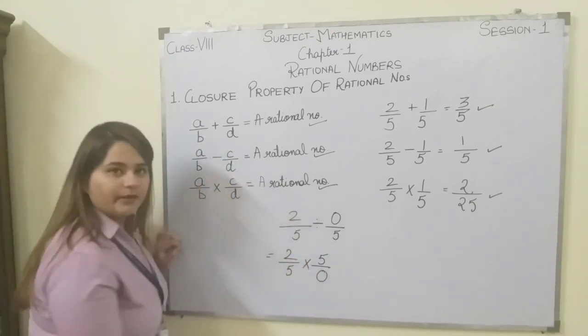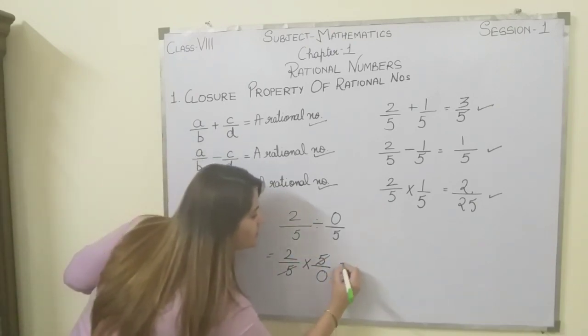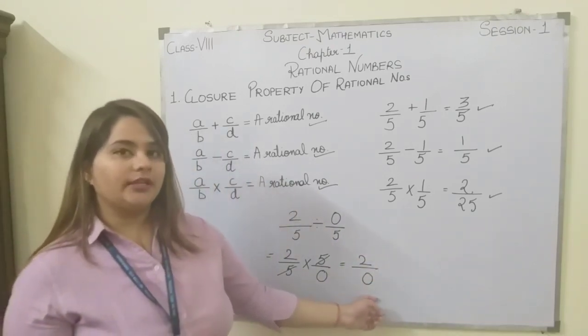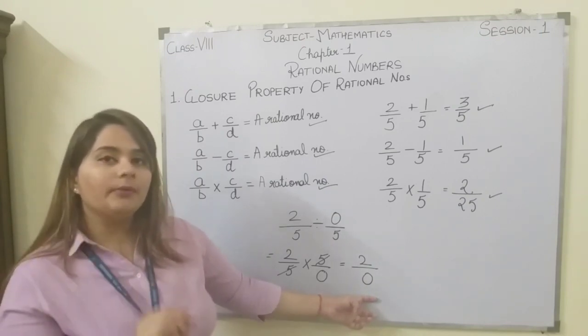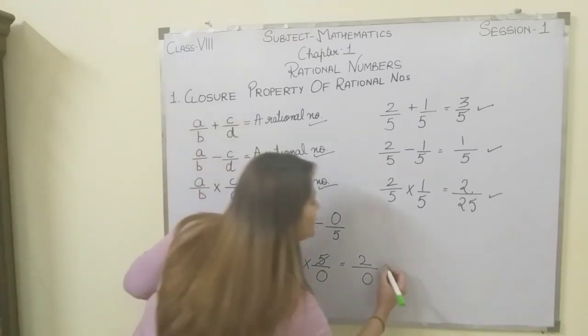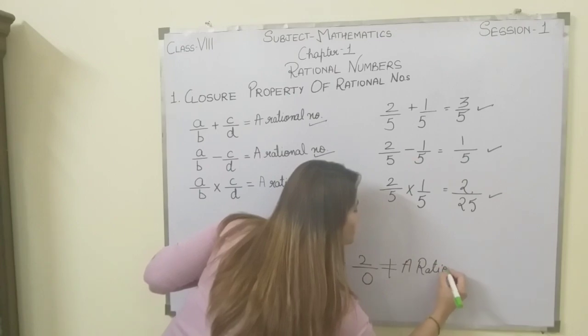So it will be 5 by 0. 5 and 5 will get cancelled. The answer will be 2 by 0. And as we know the concept of rational numbers, the denominator cannot be 0. So that means this is not a rational number.